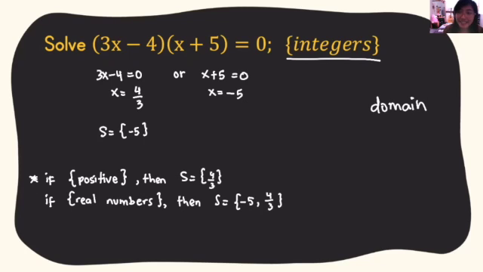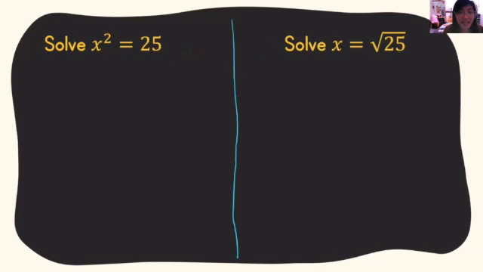Okay, let's go to the next example. Now, this is where I want you to pay careful attention because sometimes we are confused between the two. The solution for x equals square root of 25. Square root of a positive number is always positive, so the solution is only 5 here.